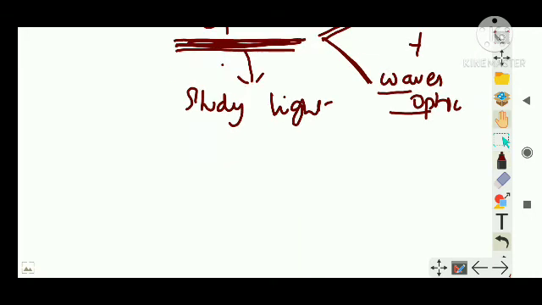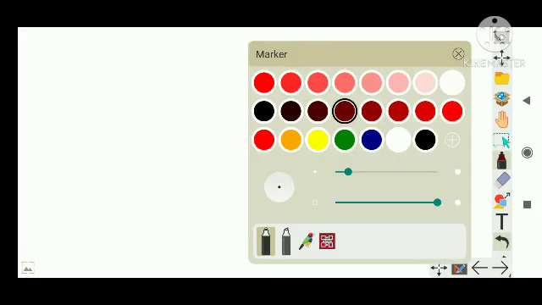Now, in the previous chapter we learned, or I just told you, about the electromagnetic spectrum. And in that spectrum, we talked about visible light, and we said that it is around 4000 to 8000 angstrom.